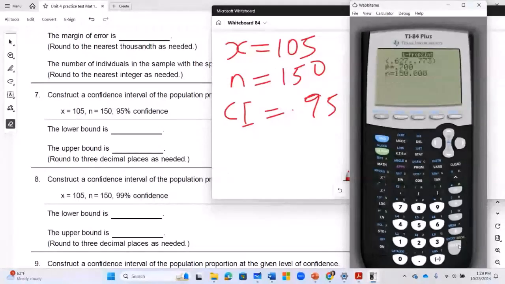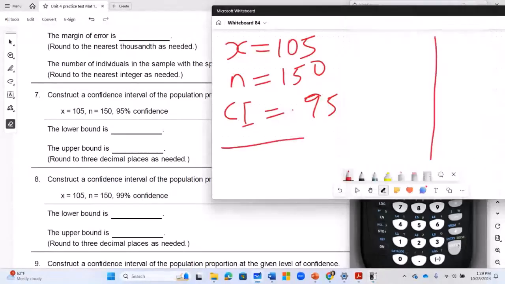So the lower bound is 0.627, on a number line, the lower bound of this confidence interval, and the upper bound is here. And the middle is the sample proportion, P hat. Okay, so I'm going to pull my calculator up again.